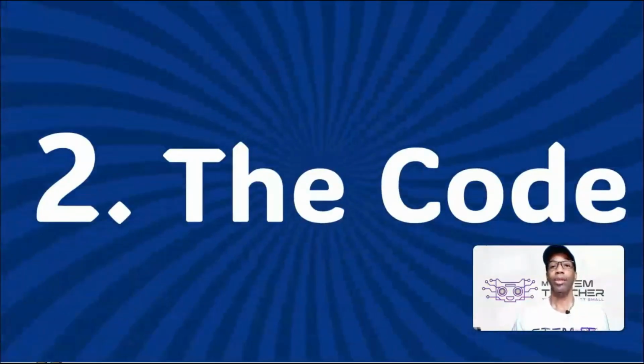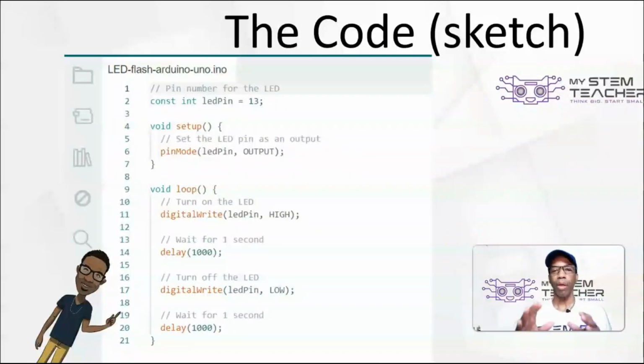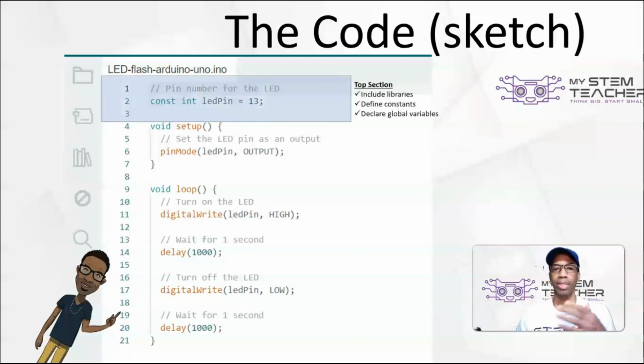All right, let's look at the code. Now, I want to show you code first, and I want to show you how it connects to the actual project. So just in general, all sketches, all code in Arduino IDE have 3 parts. The first part is at the top, and it's where we include libraries, define constants, and declare global variables.